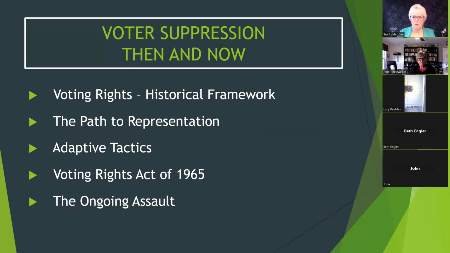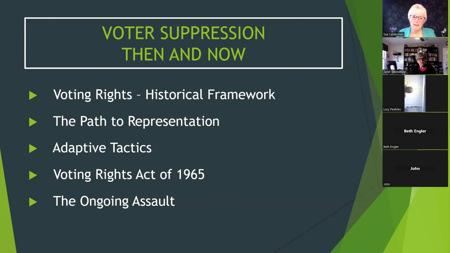So heading forward to the issue of voting, we're going to look tonight at the historical framework of voting rights in the United States, the path to representation for African Americans following the Civil War, and then what we've come to see is the inevitable backlash, the adaptive tactics of the white majority that have continued for nearly 100 years.